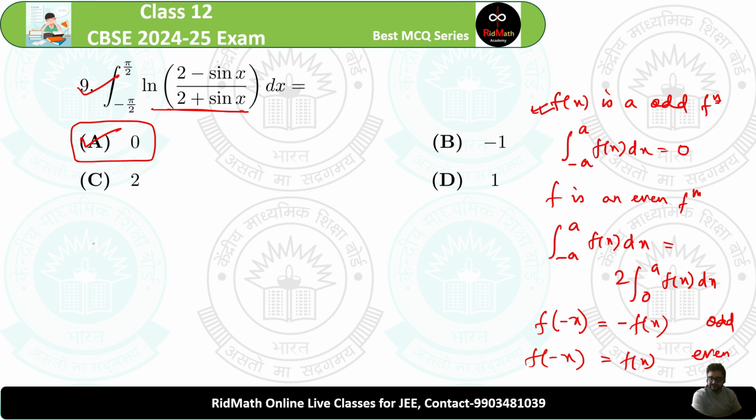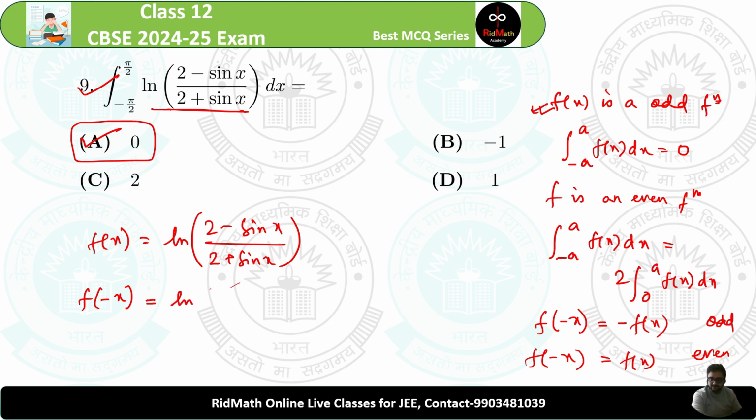So let us take f(x) equal to ln((2 minus sin x) by (2 plus sin x)). Let us put minus x in place of x. So f of minus x equals ln((2 minus sin minus x) divided by (2 plus sin minus x)).